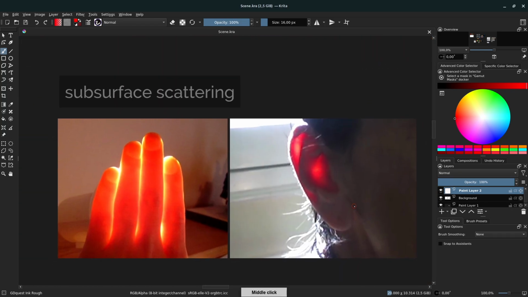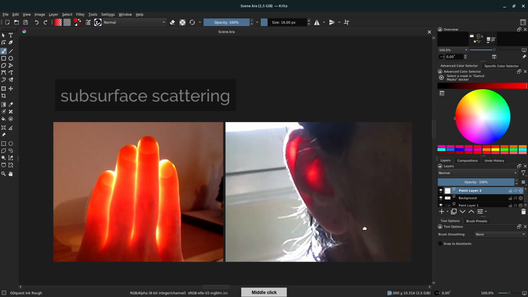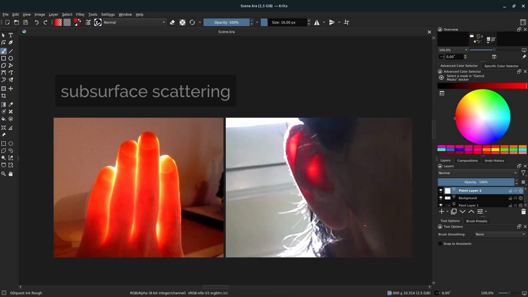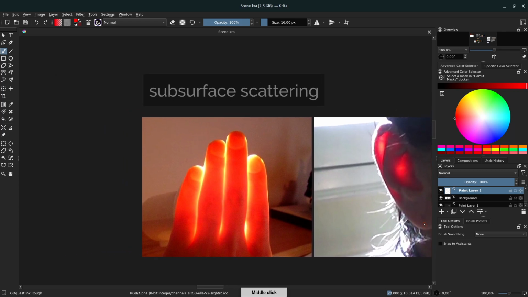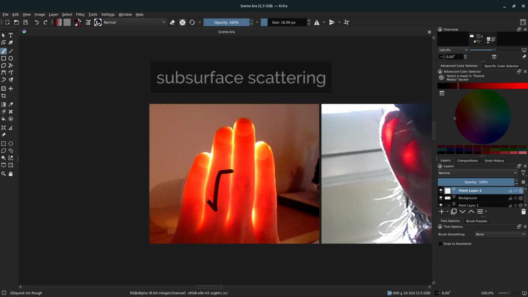So this is subsurface scattering, and it's very important to draw skin realistically, because this is what makes it feel fleshy and soft. A lot of organic materials have this, and also marble for some reason, but that's not very important. So what you're seeing right here is that the light bounces inside a few times and then leaves.